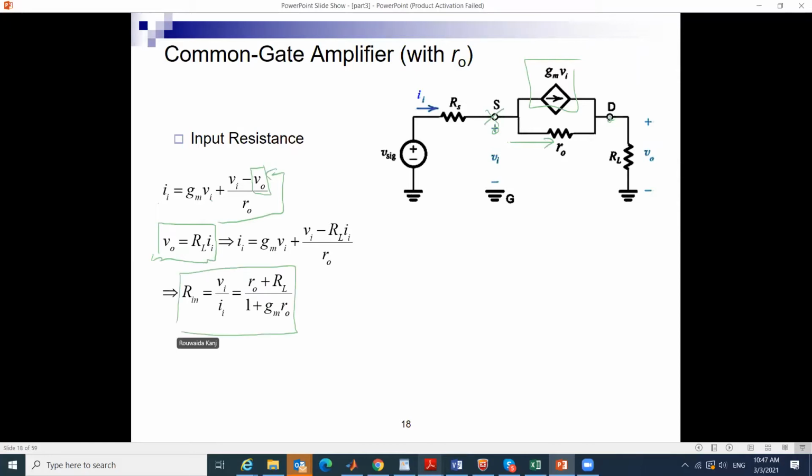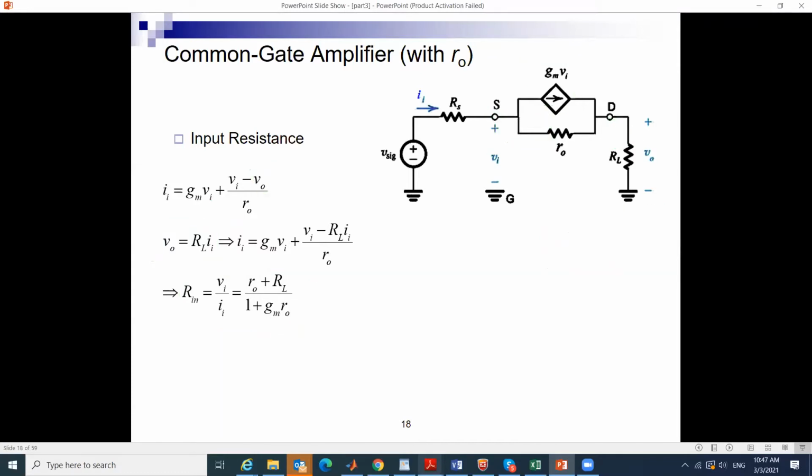So we depend on VO equal to RL, because IN is flowing here and coming back together here, so VO equals RL times IN. This is the important thing that you need to know, and you can use this equation as is. Does anyone have questions on why VO equals RL times IN? Great.